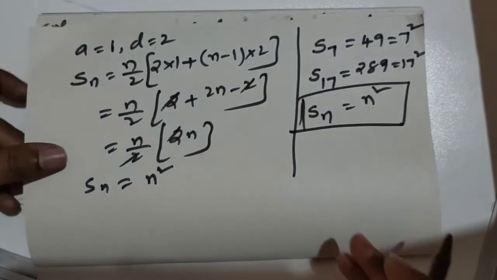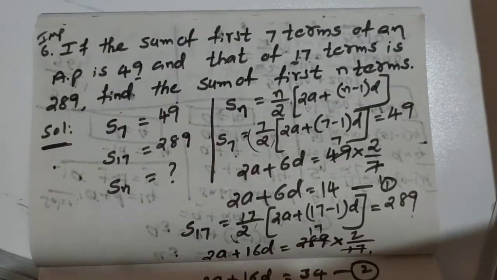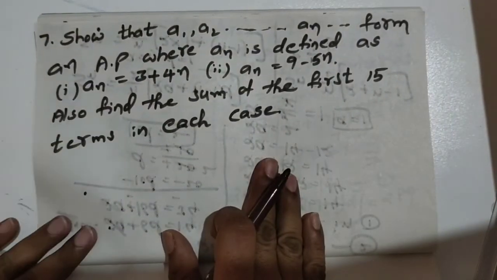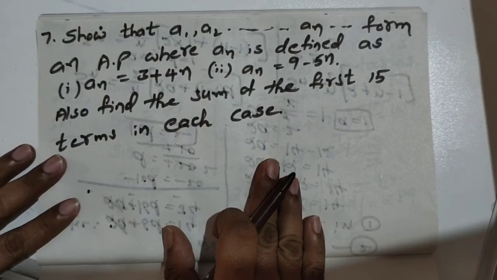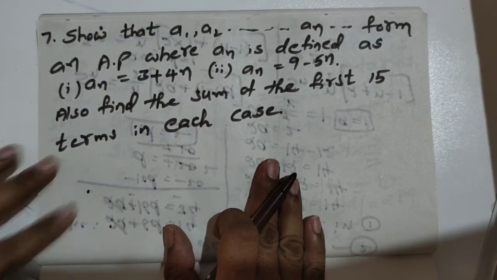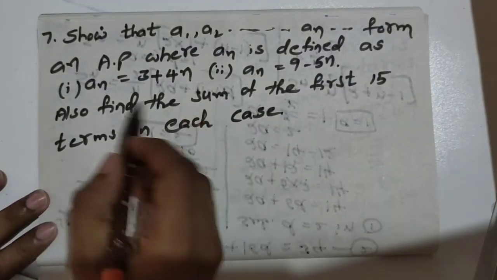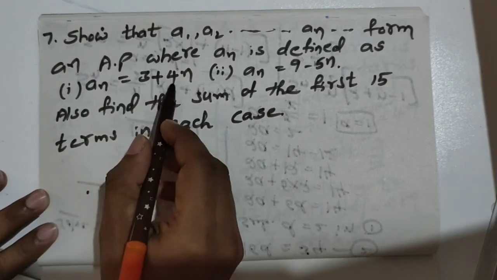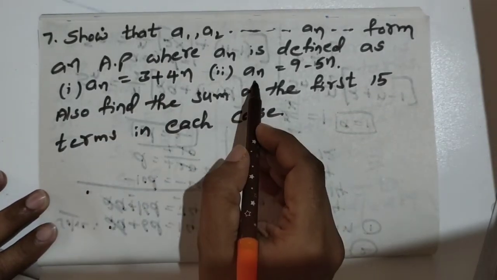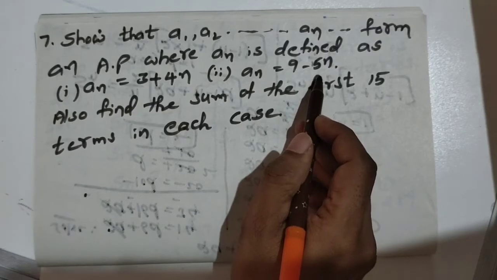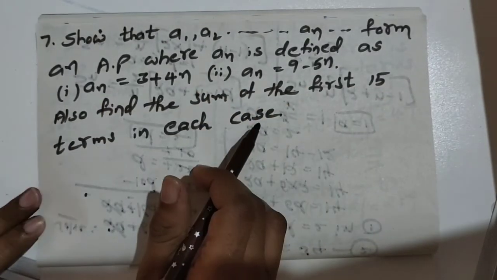Now let us see one more important sum. A1, A2 up to so on An form an AP where An is defined as, first one An is equal to 3 plus 4n, second one An is equal to 9 minus 5n. In this bit we have two sums.